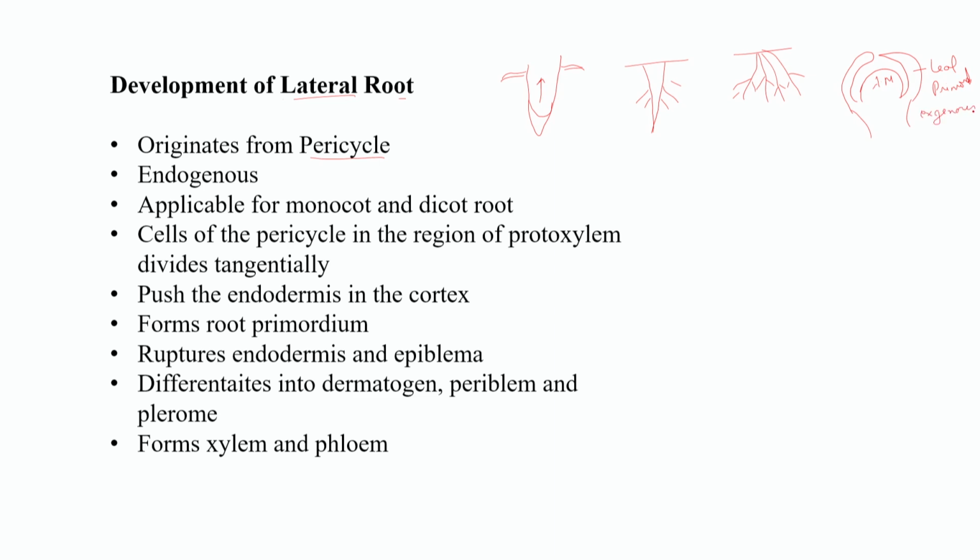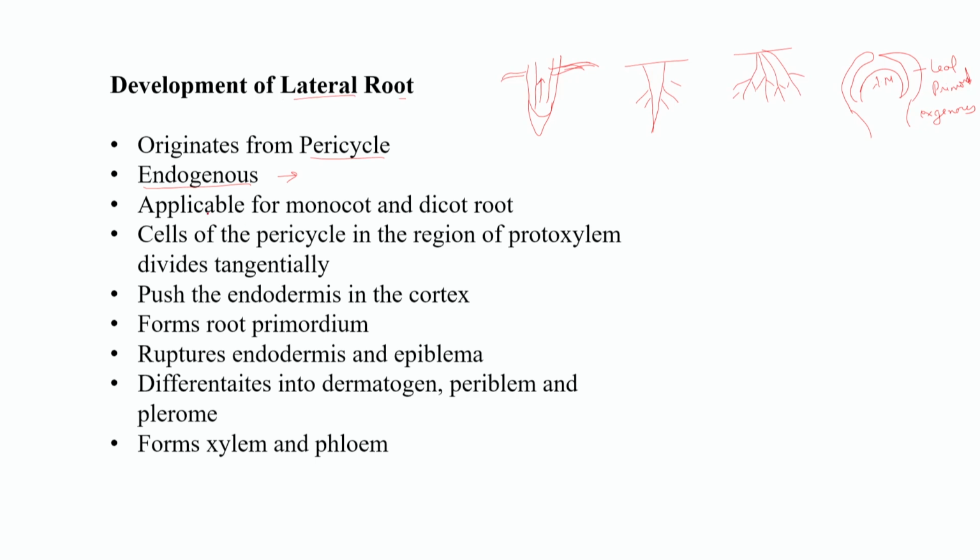However, in case of root, the pericycle, which is present in the vascular region, in the central stele region, is the outer covering of the stele region. From there, lateral branches will come out. So this type of origin is known as endogenous, because some tissue which is present inside the plant part will give rise to the lateral root.